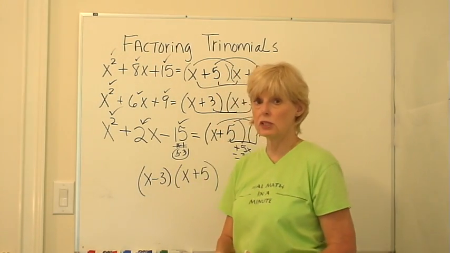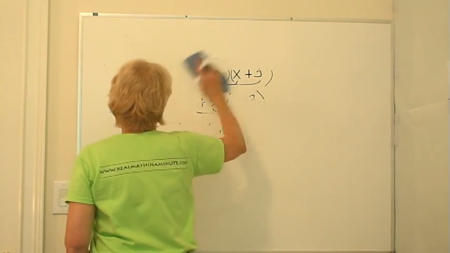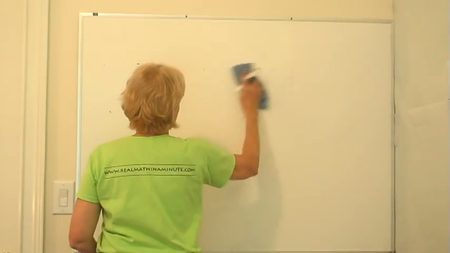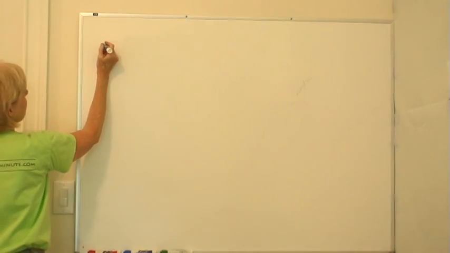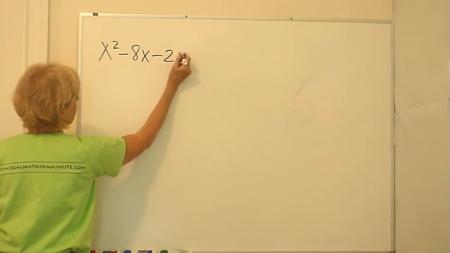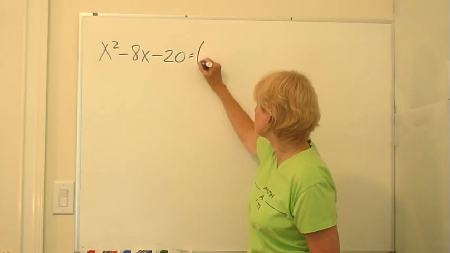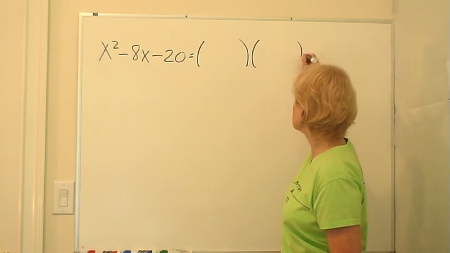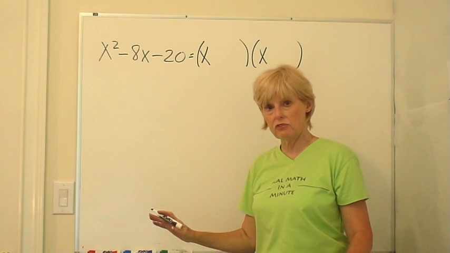So let's go again. All right, this time let's take x squared minus 8x minus 20. And we've determined there is no greatest common factor, so we go straight to the parentheses of the skeleton and we put in what we know, which is x times x, and we go, stop.